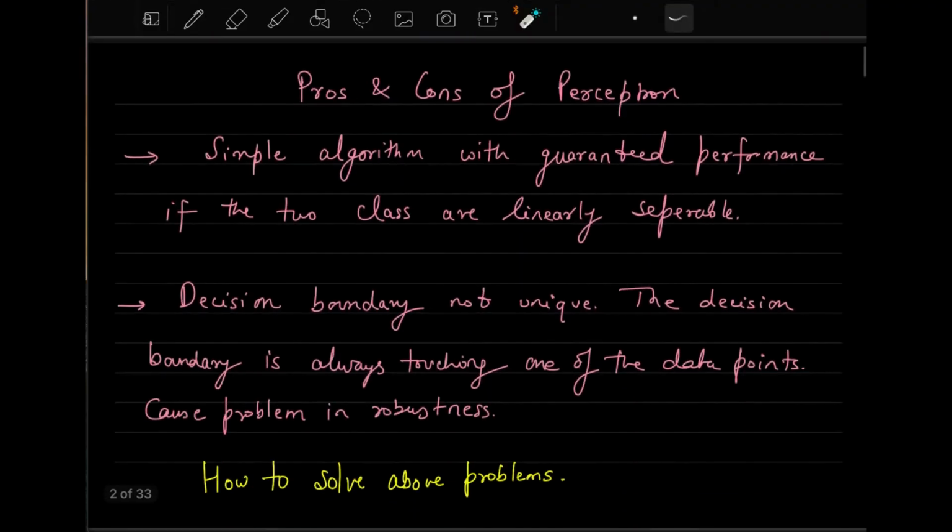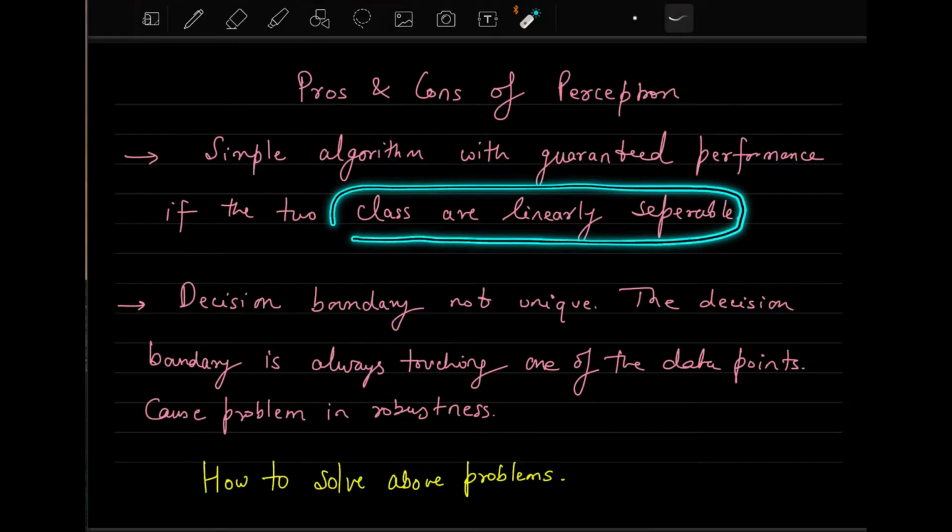Okay. So this also we discussed last time, the pros and cons of the perceptron algorithm. The perceptron is one of the simplest algorithms that you find in the machine learning literature, and it has guaranteed performance if the two classes are linearly separable.